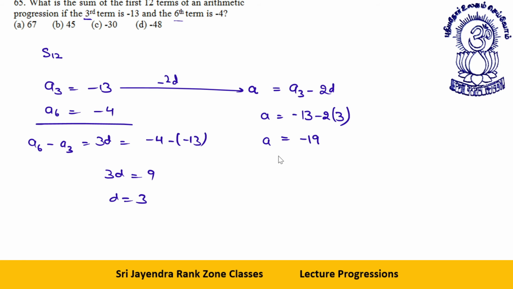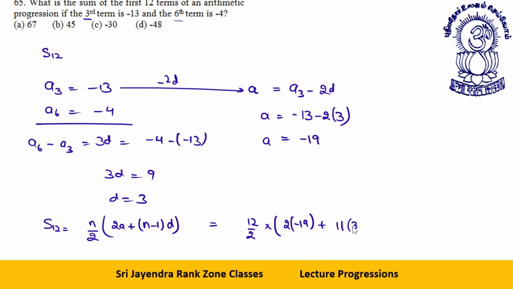Now, what do we have, dear students? We require the sum of 12 terms, that will be 12 by 2 into 2a plus n minus 1 into d. Let me write the complete formula. So this gives me 12 by 2 into 2a is minus 19, n minus 1 is 11, into d is positive 3.